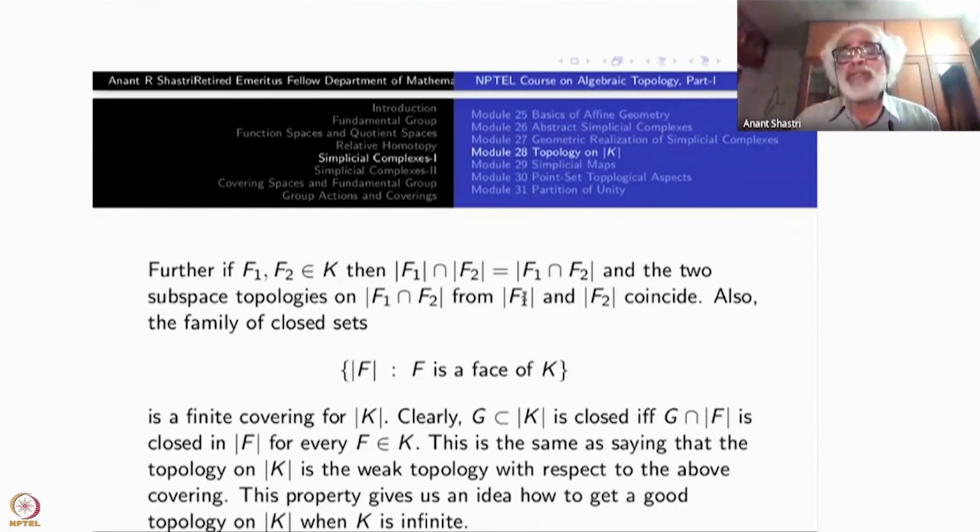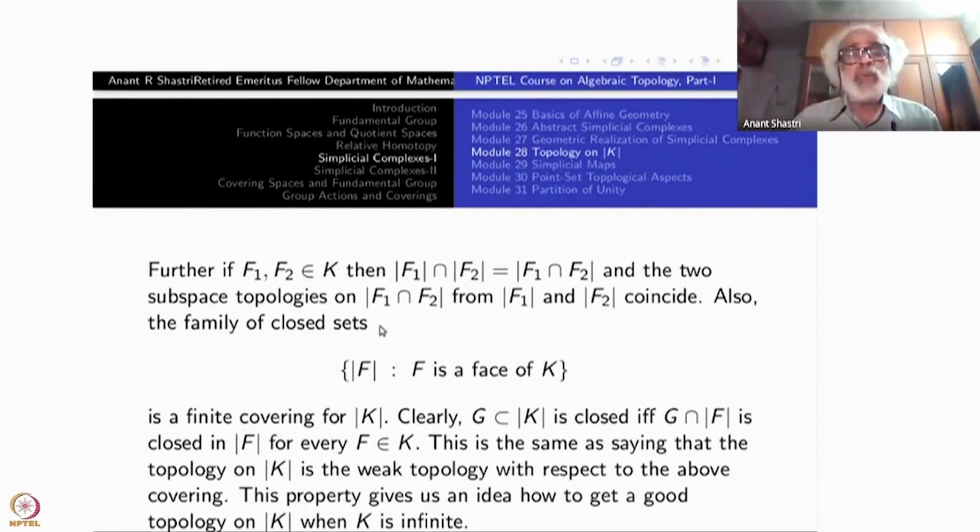And I want to say this is equal, and this is very straightforward. Namely, this is point set topology. Just look at what is the meaning of an element here. The support of that element is inside F1 intersection F2, so it is inside F1 as well as F2, and conversely.